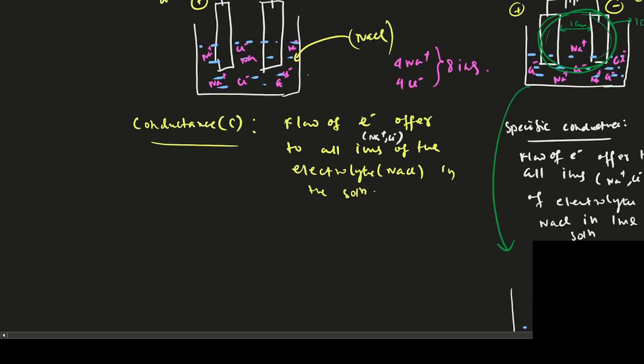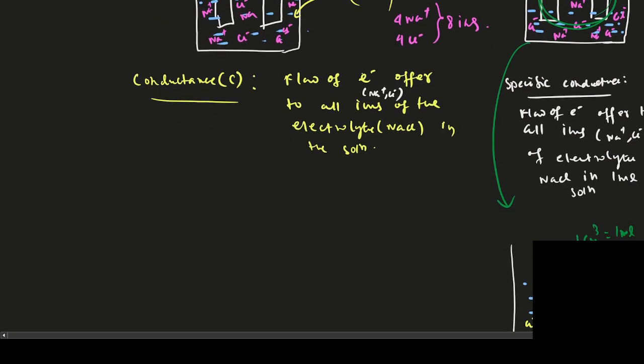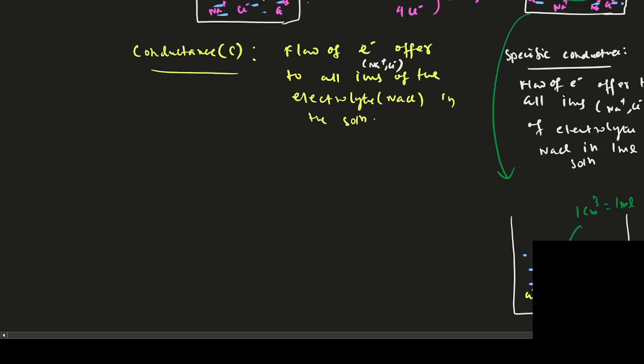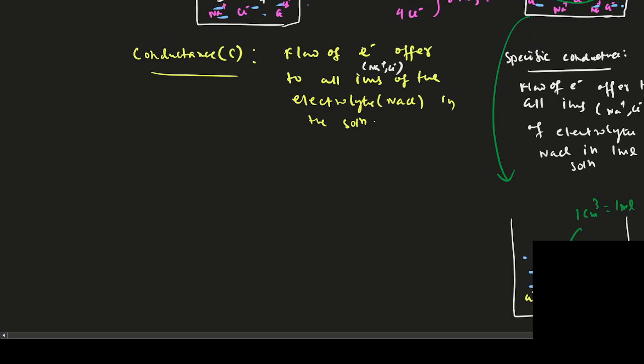Okay, so with dilution, what will happen? Suppose here Na plus and Cl minus are uniformly present. Let's say 1, 2, 3, and another Na plus and Cl minus is there. So everywhere the ions are distributed uniformly.